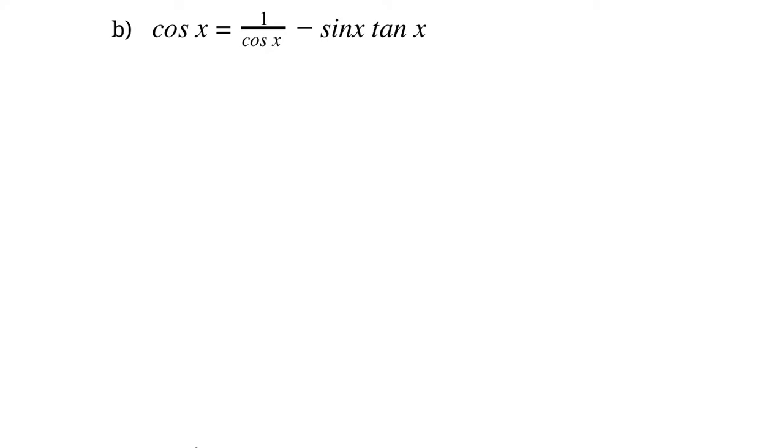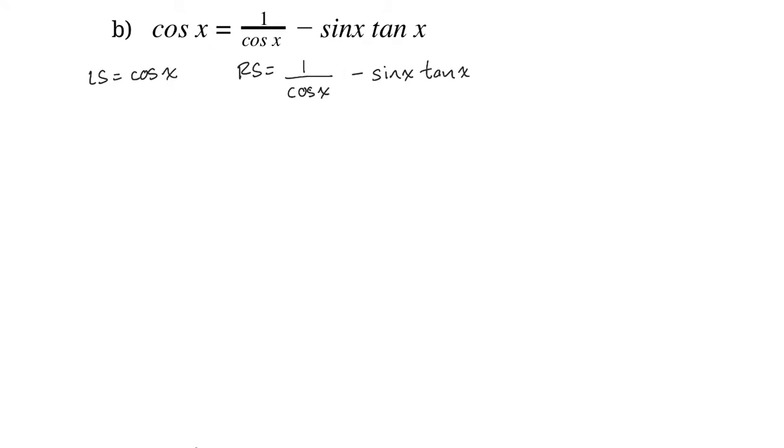So here's the next identity we need to prove. On the left side, we just have cos x, and we can't really do anything with that. Our right side is definitely the more complex side, so let's start working with this right side. We have 1 over cos x minus sine x times tan x.